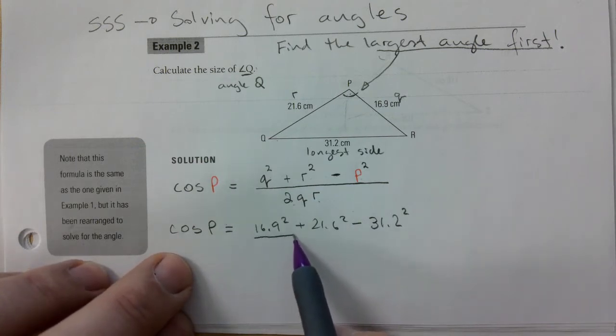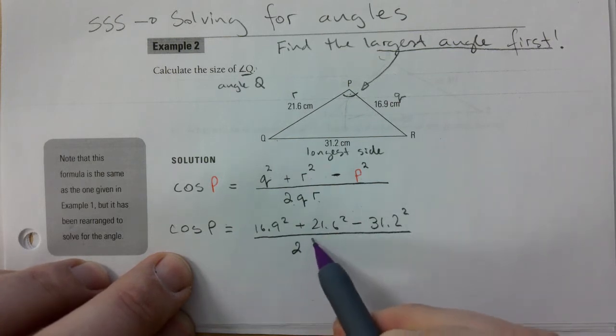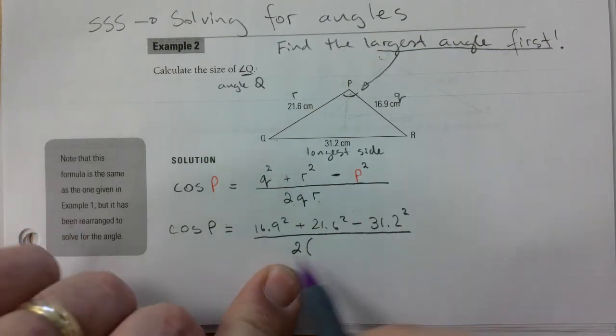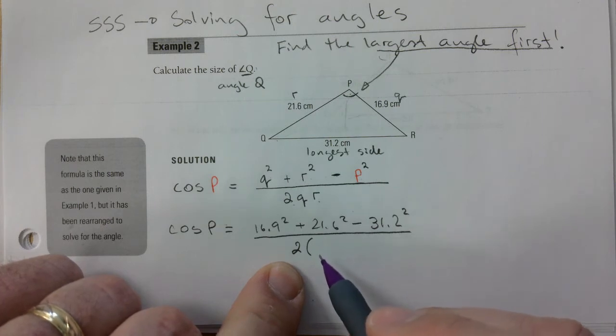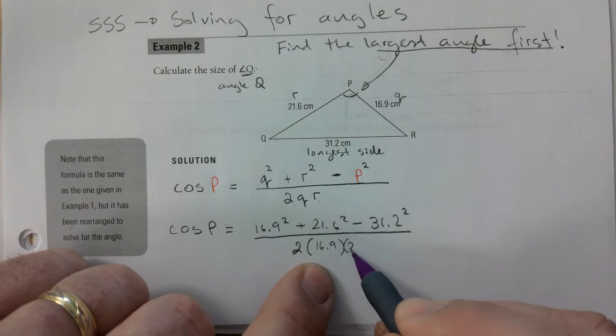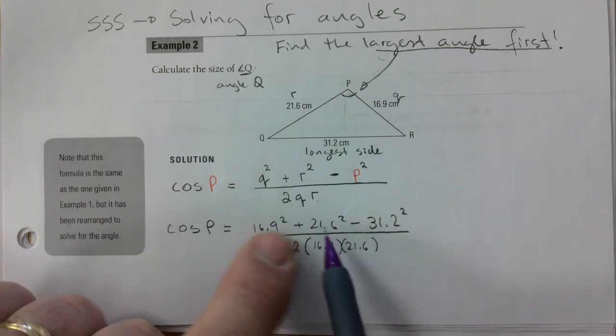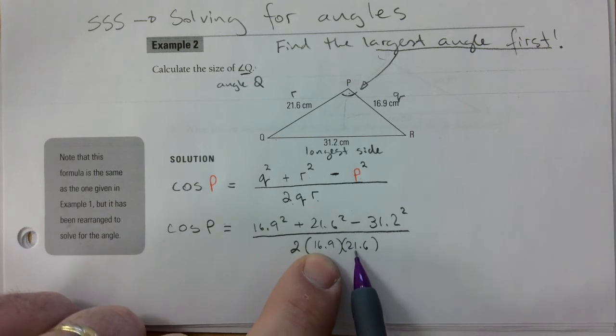Over 2, and here I like to use brackets when things are multiplying. Q is 16.9, R is 21.6. So notice that these first two are back down here multiplying, okay? Note that.